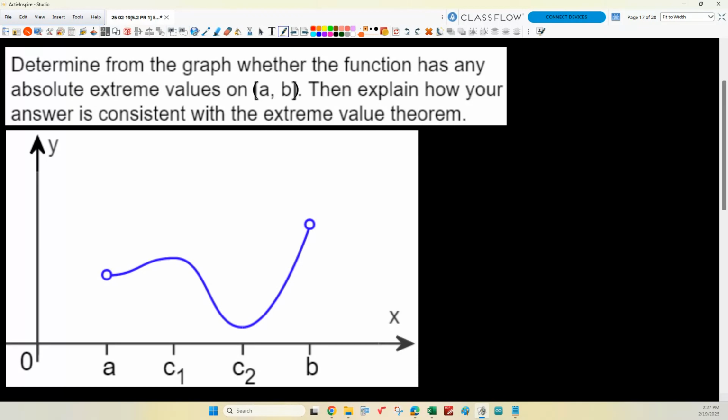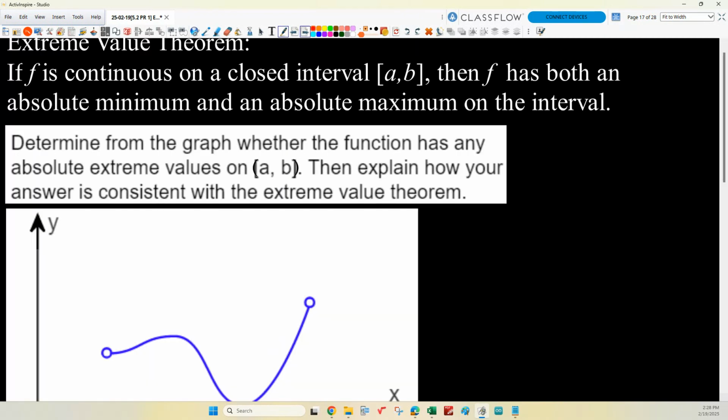It has a minimum, but it doesn't have a maximum, and it's not consistent with the extreme value theorem, is it? What about this does not apply to the extreme value theorem? There was very specific wording. It's continuous, but it has to be a closed interval, right? I can't put my pen on the board at A and take it off at B because those points aren't included. So the extreme value theorem always implies a closed interval. Okay. All right.